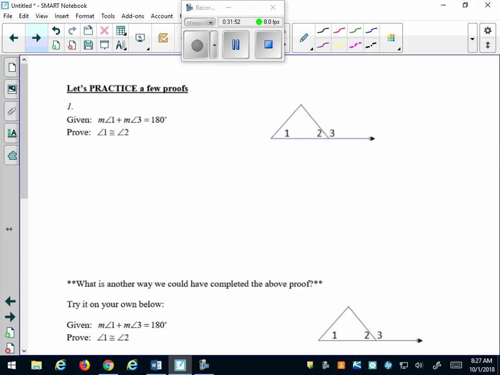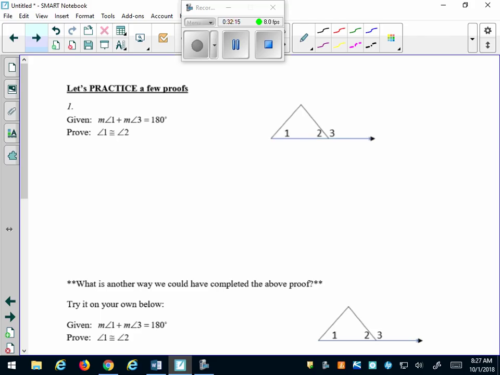Now, these next few pages are practicing some of these proofs. It's going to be applying these theorems to some of the proofs that we would actually have on a test or a quiz, proofs that you would be practicing.